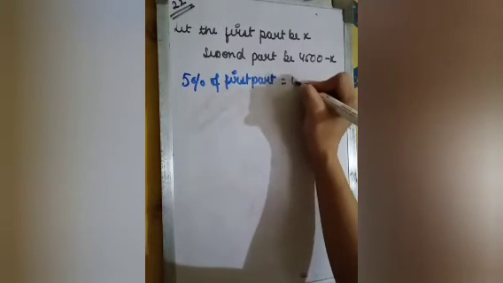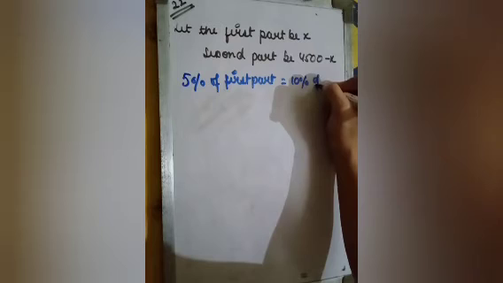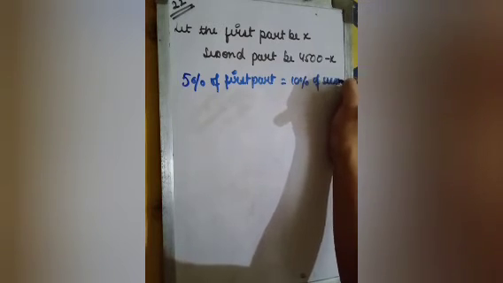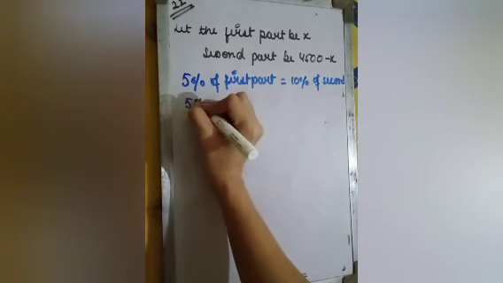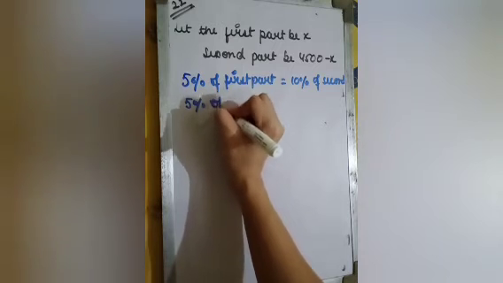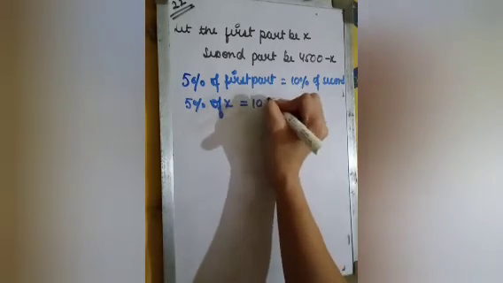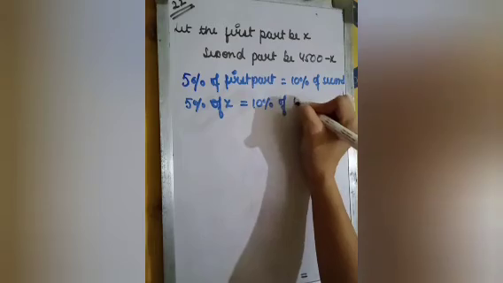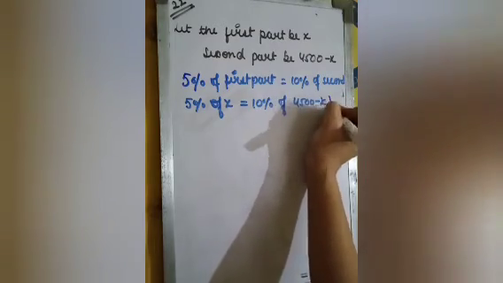Now what is the first part? First part is x. So 5% of x is equal to 10% of 4500 minus x. Now this is your equation.